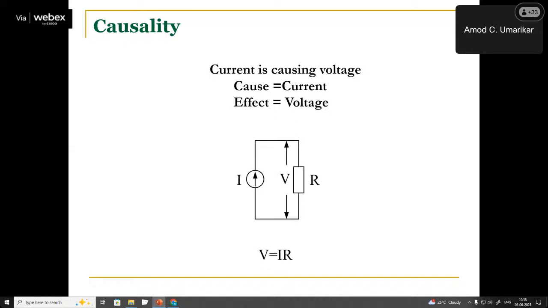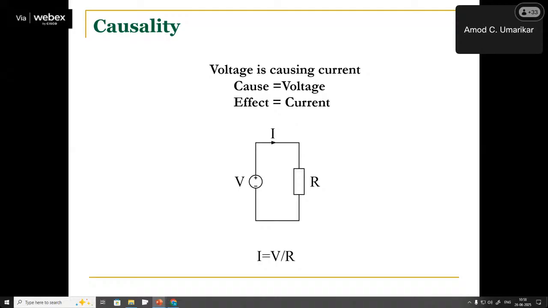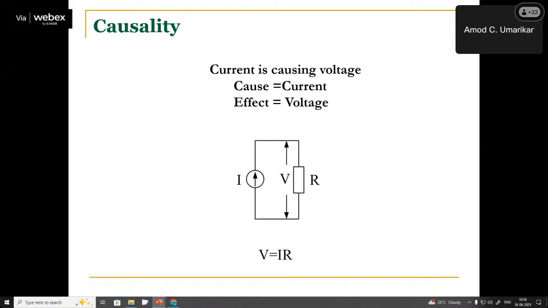Similarly, if I am applying a current source, cause is current, effect is voltage. If it is a linear resistor, the equation is simply I is equal to V by R when a voltage source is applied, and V is equal to IR when a current source is applied. Correct.